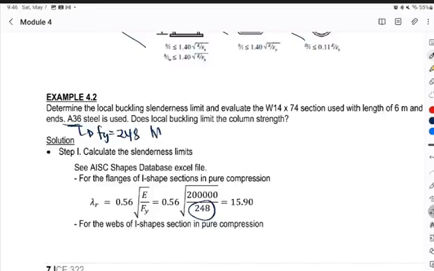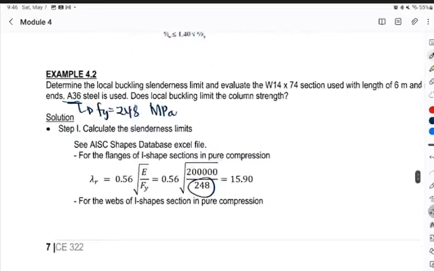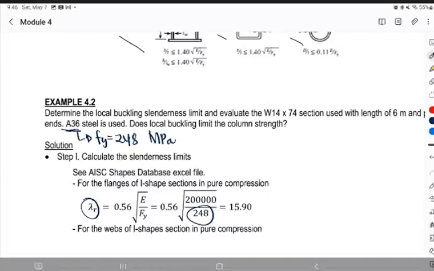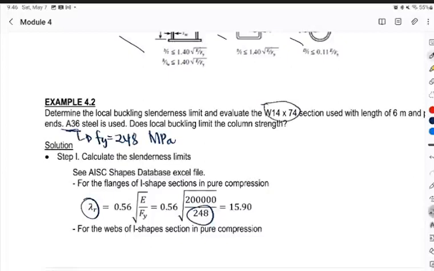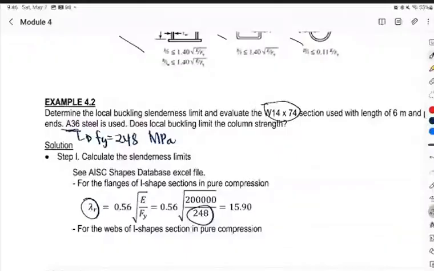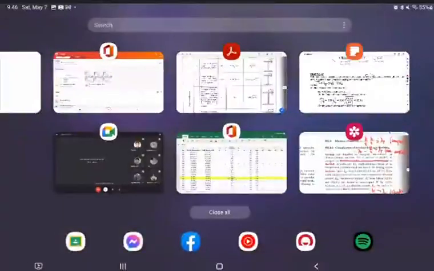That is a constant. So lambda r, wait, let us check first. Our section is W, so we will consider both the flanges and the webs. Okay, we go to NSCP.